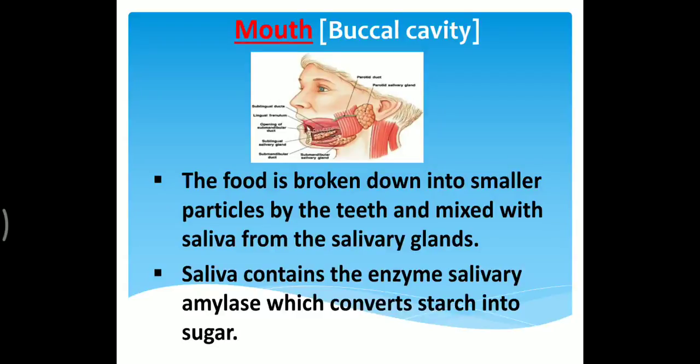Please note this: salivary amylase, released by salivary glands in saliva, helps to convert starch into sugar. It acts on whatever starch is there in the mouth and converts it into a little bit of sugar.